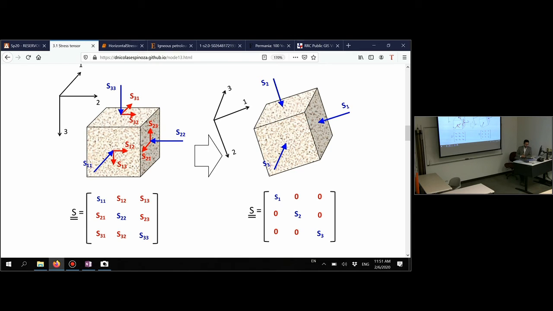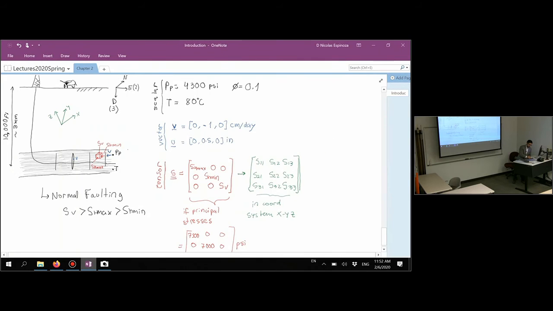All right. So you remember that we said that we could change the coordinate system and the stress tensor could be written differently. For example, when we were talking about this particular case, we started from principal stresses and we went to the stress tensor with stresses in all directions.